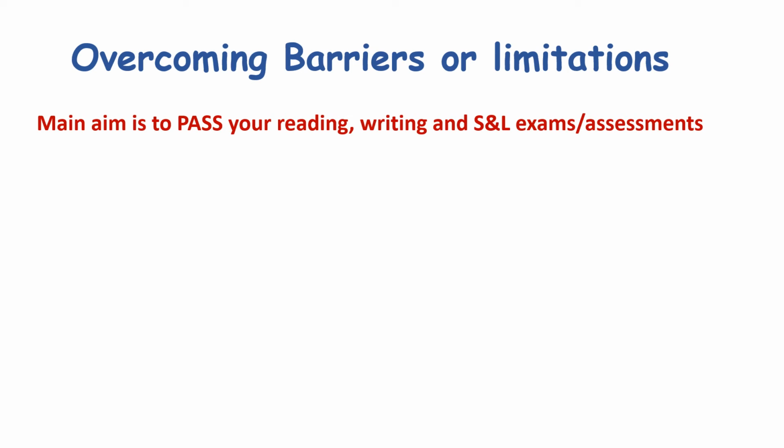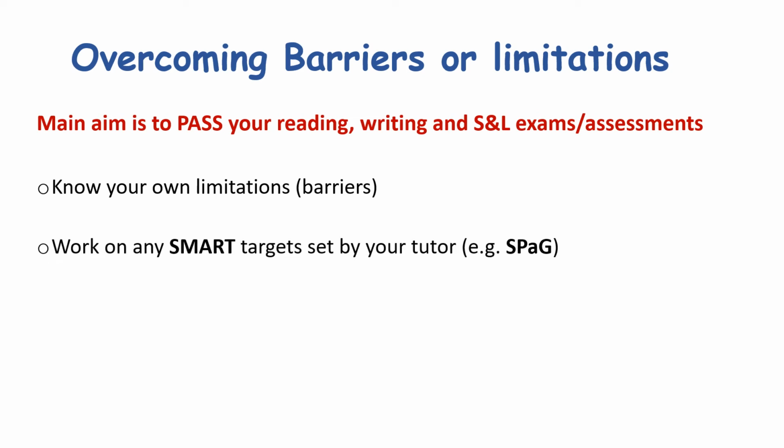Remember, the main aim here is for you to pass your functional skills exams, and that means achieving all three elements. The only way you can start to work on and to remove your own identified barriers is to know your own barriers and limitations.